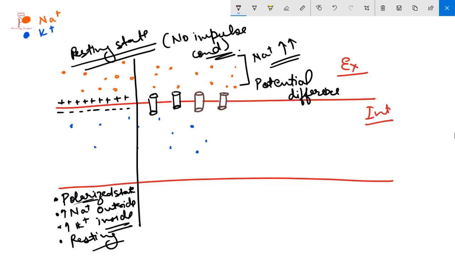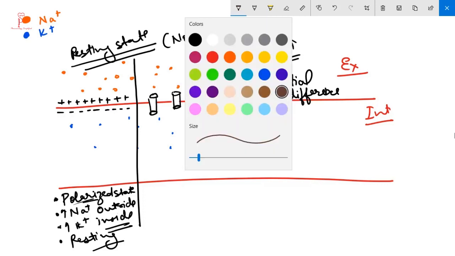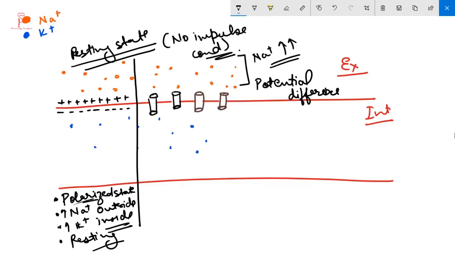As soon as an impulse comes, I am denoting this impulse by I, as soon as there is arrival of an impulse, these sodium channels get activated or opened.